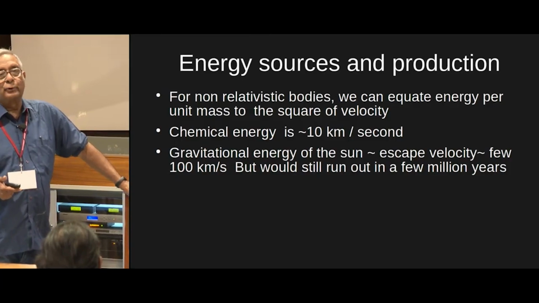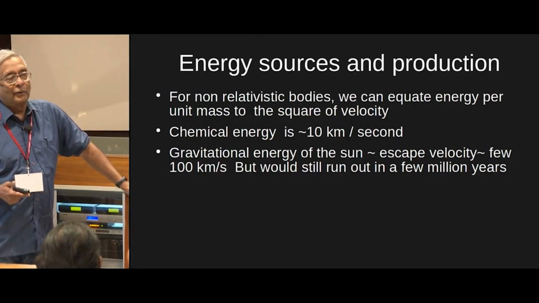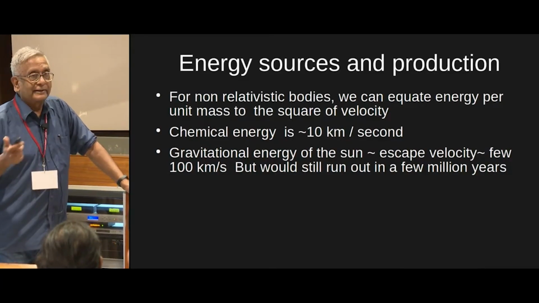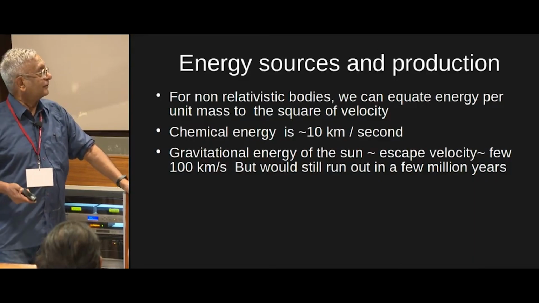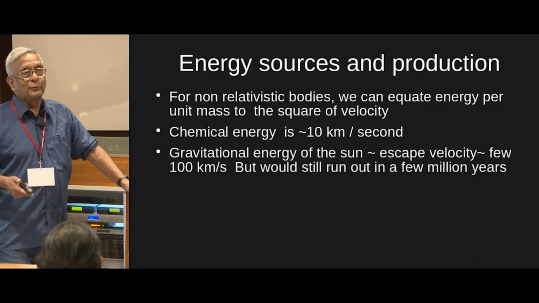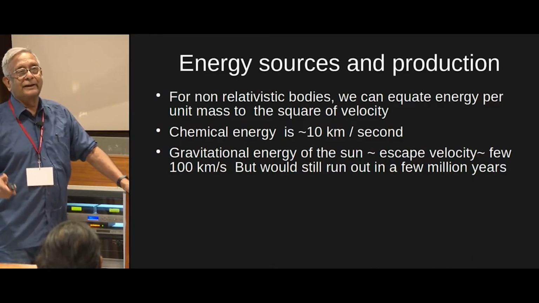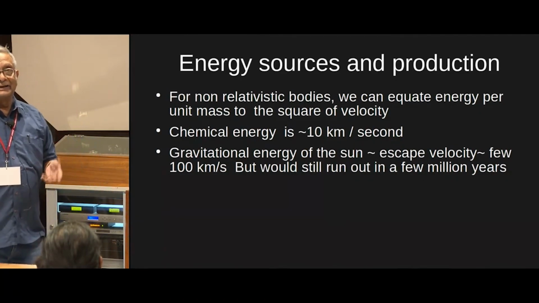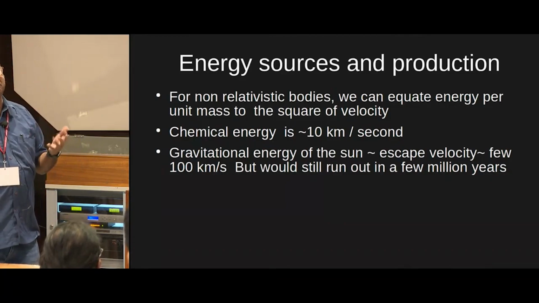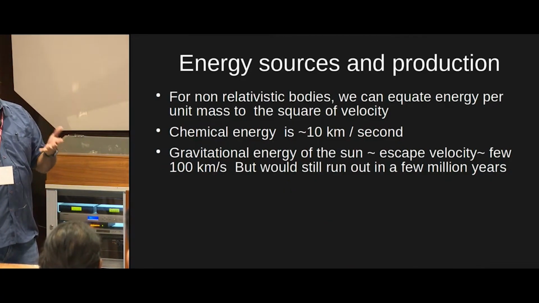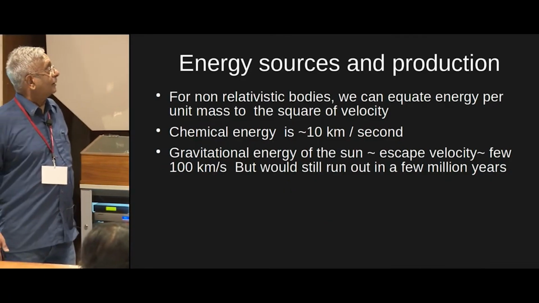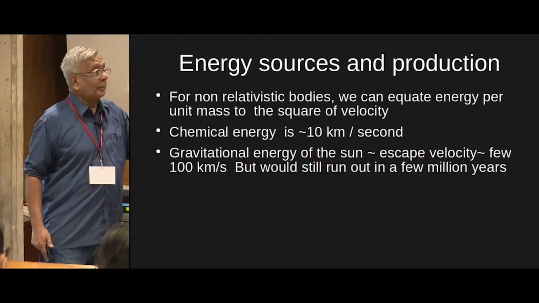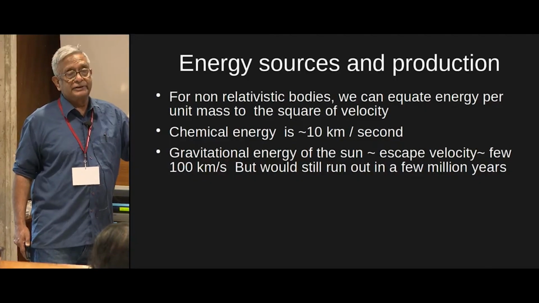So, either you can sit and put numbers and calculate it, or you can take a shortcut saying the mass of the sun is some 3 lakh times the mass of the earth. So, v squared would be increased by that, but unfortunately the radius is also some 100 times, right. So, finally you find that it's about maybe 60 times the escape velocity from the earth. So, the gravitational energy of the sun definitely is more, 100 kilometers per second, 10 times more than chemical energy.